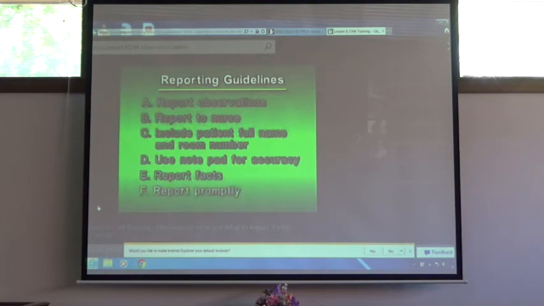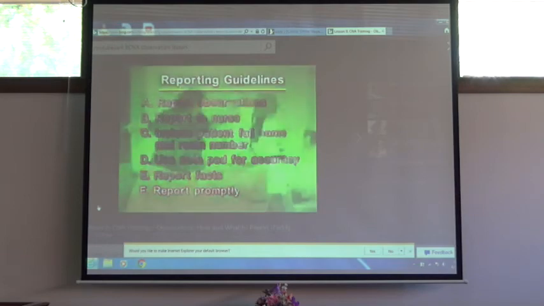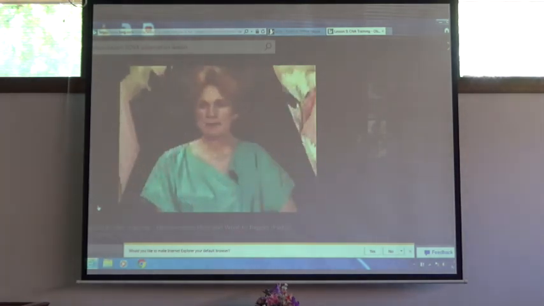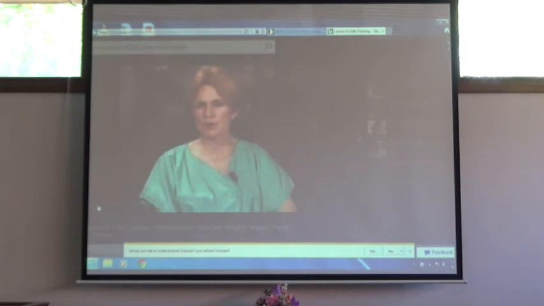Report abnormal and unusual observations to the nurse promptly. Be certain not to wait till the end of the shift. Sometimes you're not going to know when you make an observation whether or not this is important enough to report immediately or if it can wait until later in the shift or even at the end of the shift.